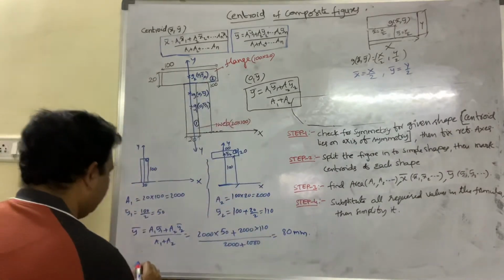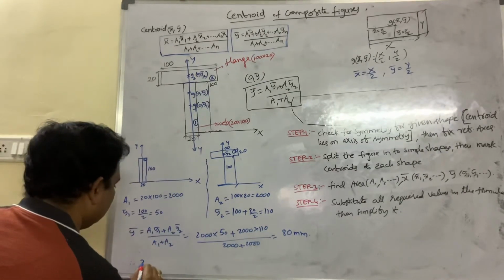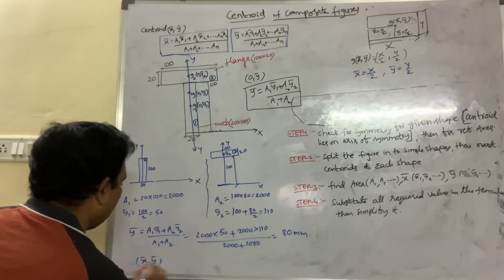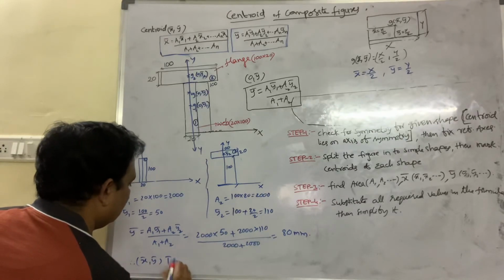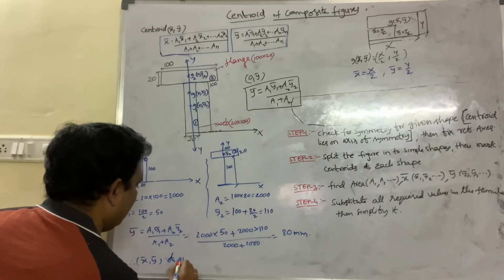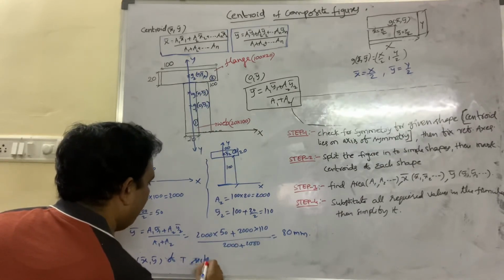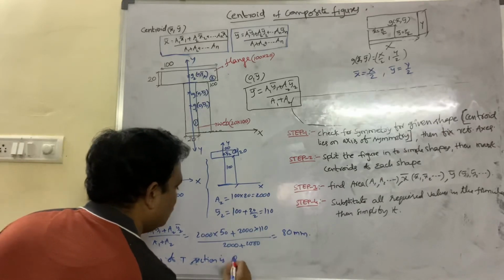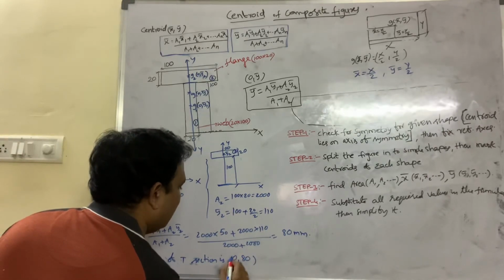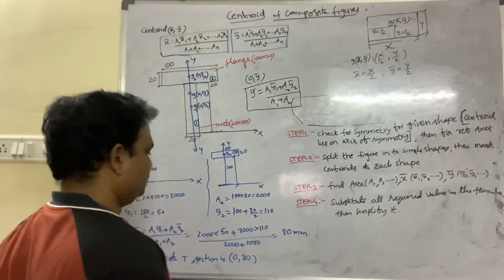So finally the centroid of the T section is 0, 80 mm from the base, from the x-axis.